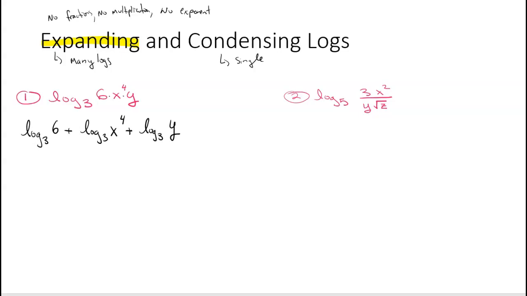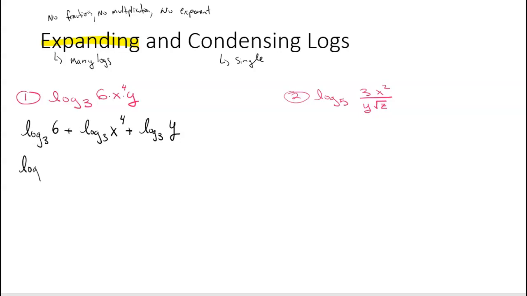Again, the 6 and the y are not exponents. These are the numbers next to the log. If they had an exponent, it would look like that second log. We don't need to break up the 6 into 2 times 3, so we don't have to worry about composite numbers. We do have to take away that 4 in the exponent of this x, but we don't have to do anything to the y.